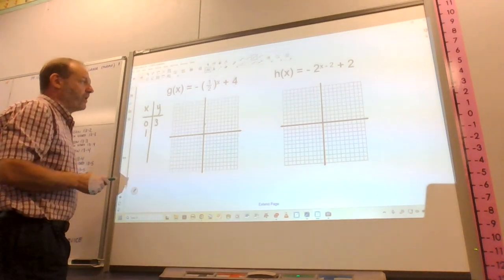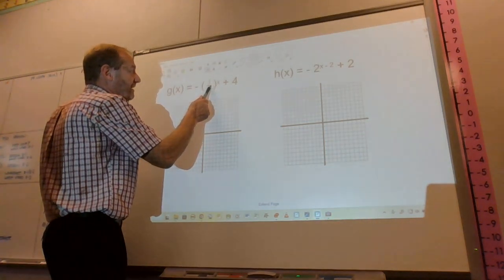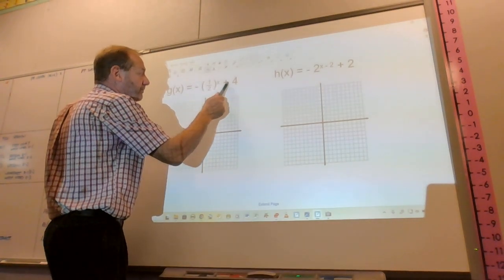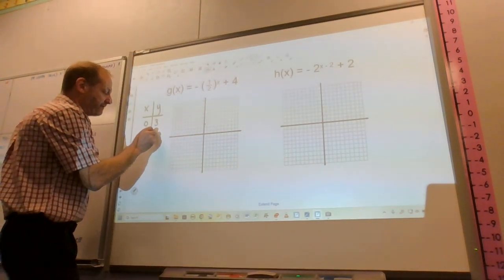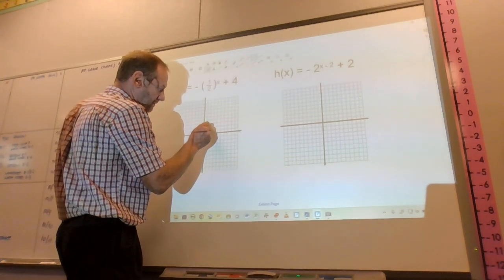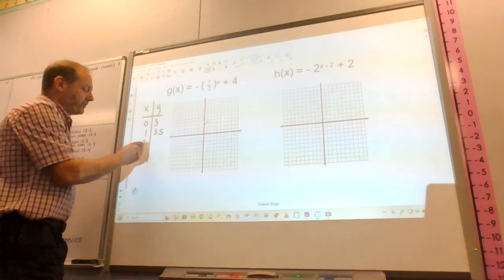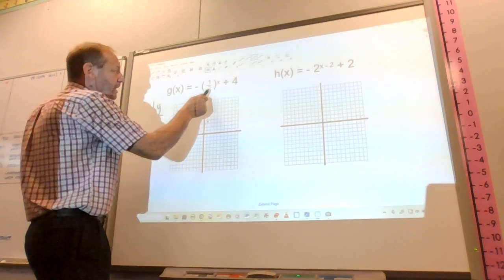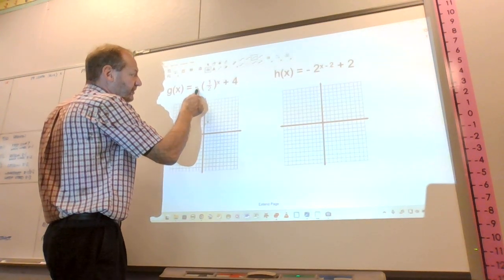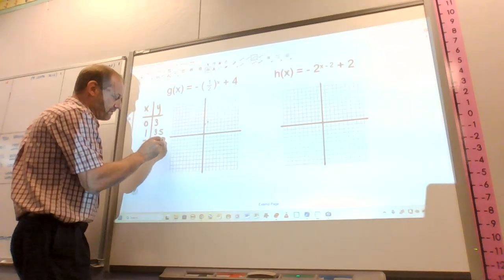Okay, if I plug in 1, I'm going to get 1/2, -1/2, plus 4 is 3.5, right here. If I plug in 2, I get 1/4, -1/4 plus 4 is going to be 3.75.